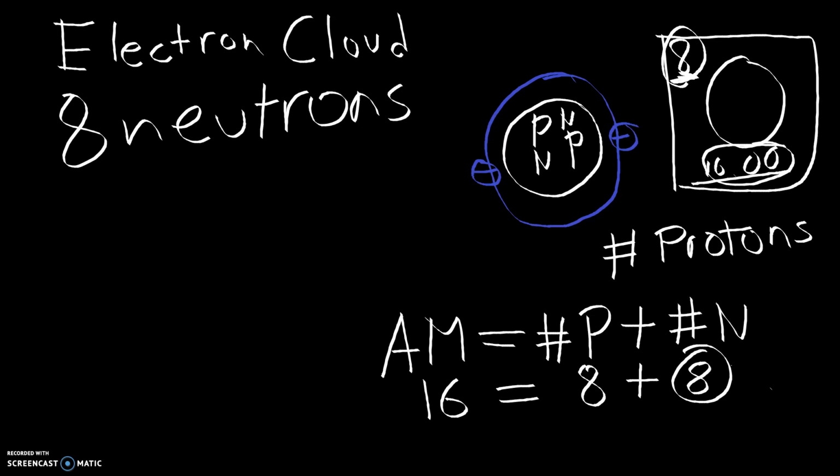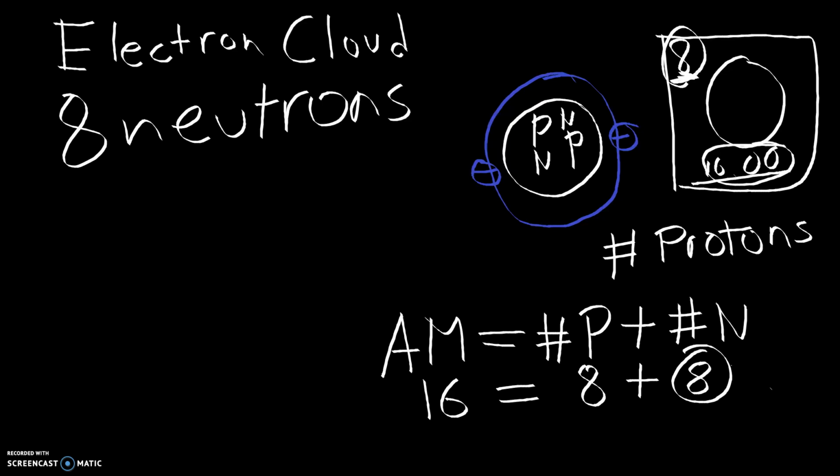Now you might be thinking, how is it possible that the atomic mass is the number of protons plus the number of neutrons? Well, 1 proton or 1 neutron is about 1 atomic mass unit.